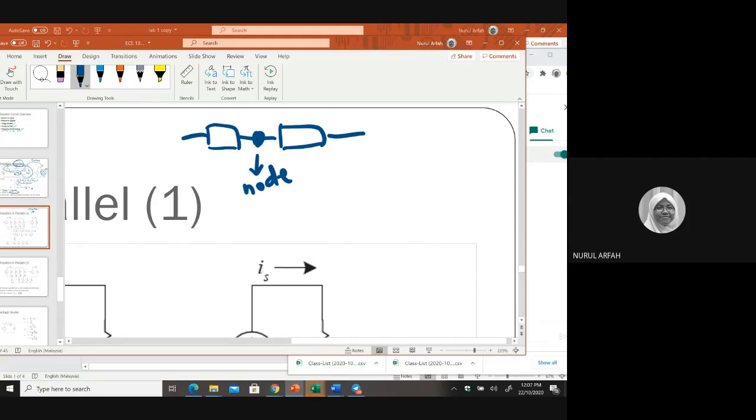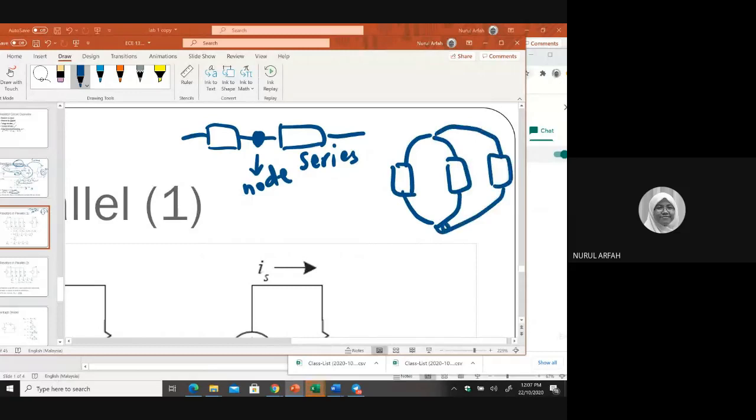And if you have two elements connected side by side, then this is a series configuration. Nothing in the middle. No elements connected in the middle of this series circuit. But what is parallel? Parallel is when you have two or more elements connected end to end, like this.